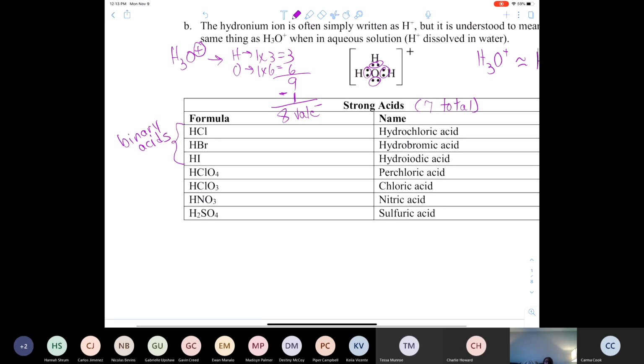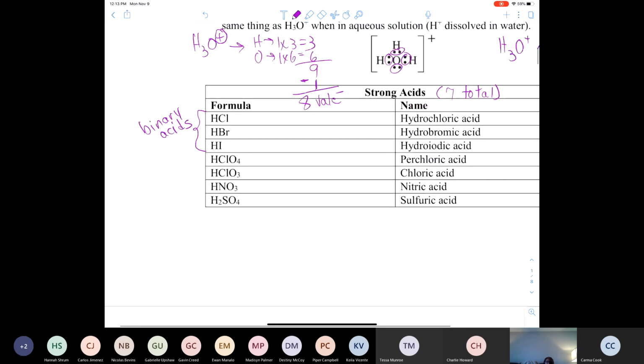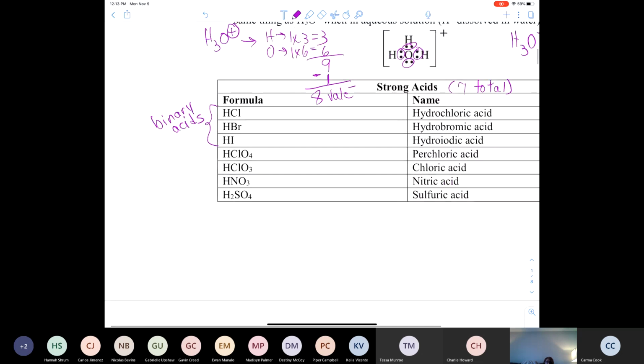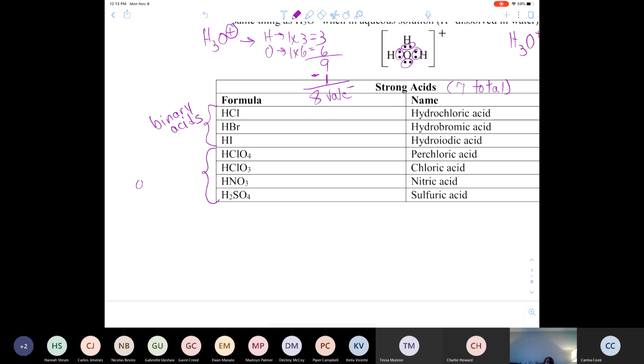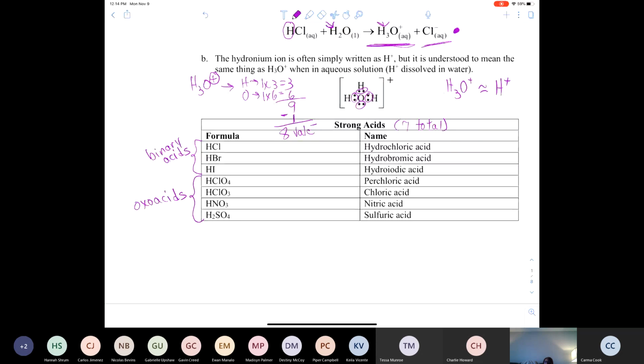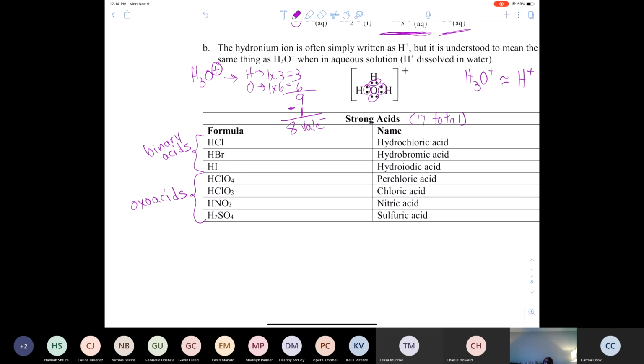So that's why they're called binary acids. The last 4 on this list, these are called oxo acids because they have 1 or more oxygen atoms in their formula. So I've got the names of them shown here in the table as well.